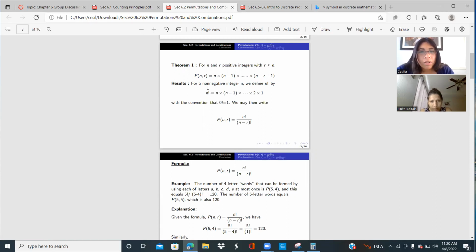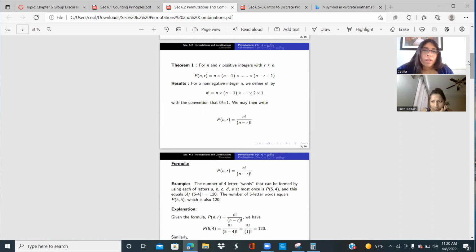For a non-negative integer n, we define n! as n times (n minus 1) down to 2 times 1, with the convention that 0! equals 1. We may then write P(n, r) equals n! divided by (n minus r)!. So for that bang, we are using it as a factorial here, right?